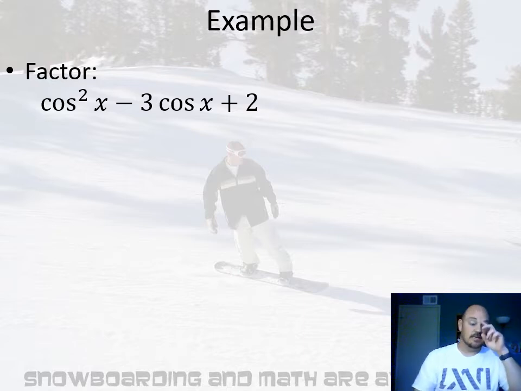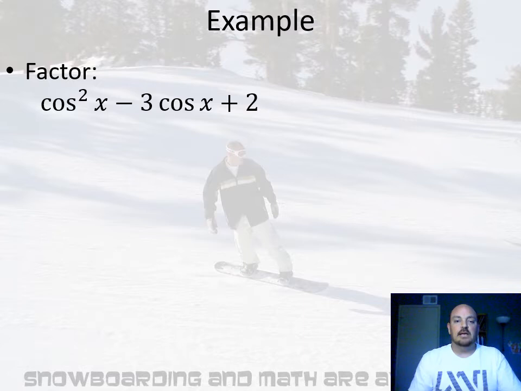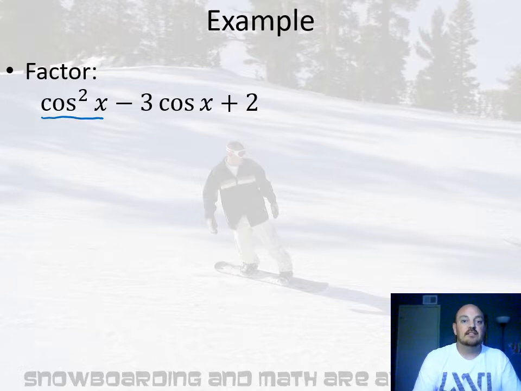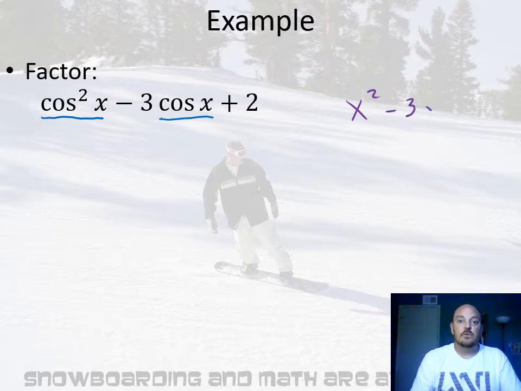Or something like this example right here. We are going to factor cosine squared x minus 3 cosine x plus 2. You have a cosine squared x here and a cosine x here. Let's imagine that this problem was exactly the same, but instead of cosine x and cosine squared x, it was just x and x squared. If the question said x squared minus 3x plus 2, this is a very easy factoring problem.